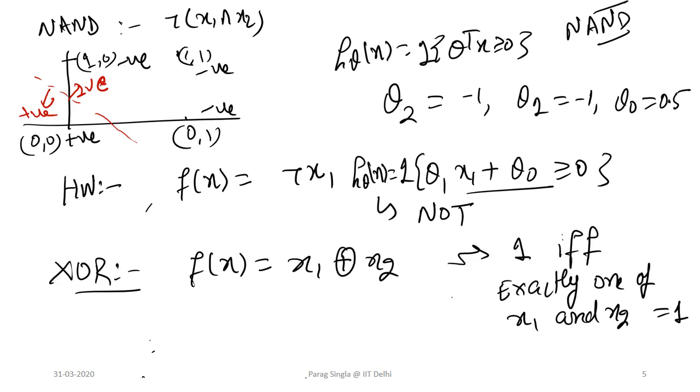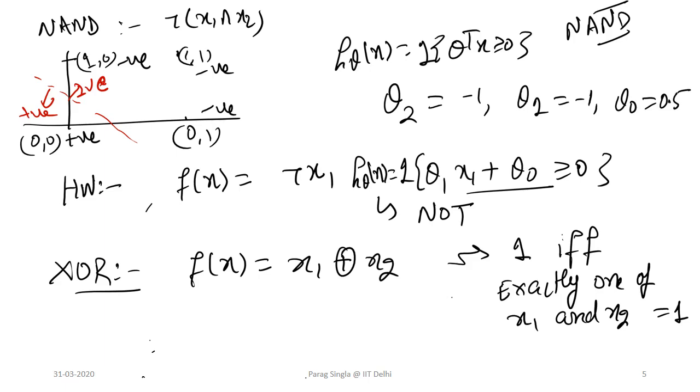In this case this side is positive and the other side is negative, right? And as you can see in this case, if h theta x is the indicator of theta transpose x greater than or equal to 0, then you can choose theta 2 is minus 1, theta 1 is minus 1, and theta 0 is 0.5, right?